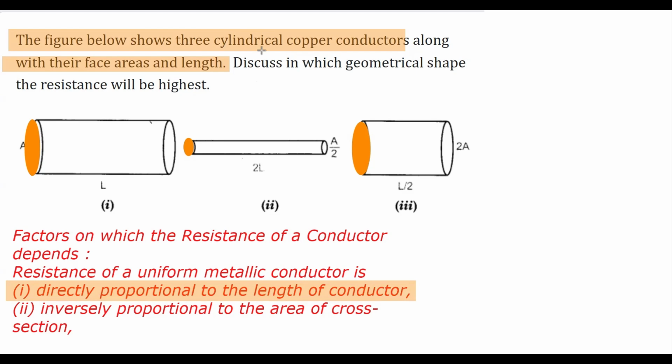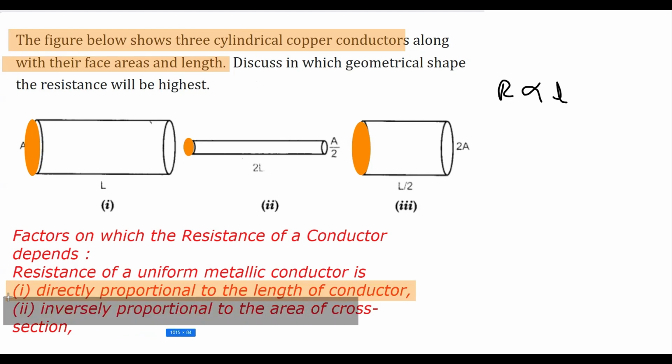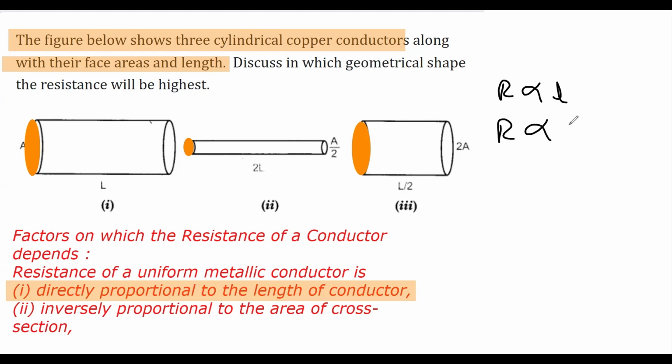So the resistance R is directly proportional to length. That means longer the length, more will be the resistance. And the second factor, it is inversely proportional to the area of cross-section. That means R is inversely proportional to the area of cross-section.